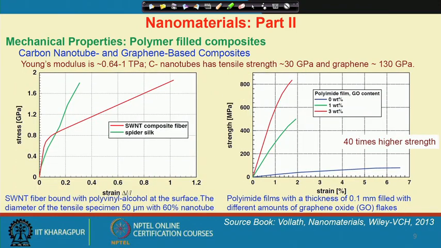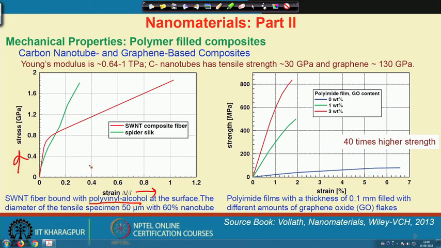We can get a very similar example in a stress strain plot of a composite fiber, where we use some polyvinyl alcohol at the surface.